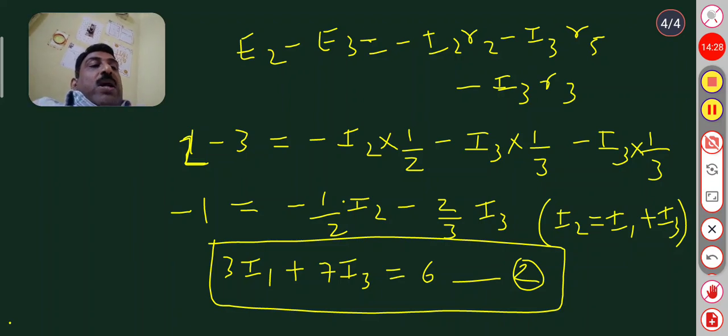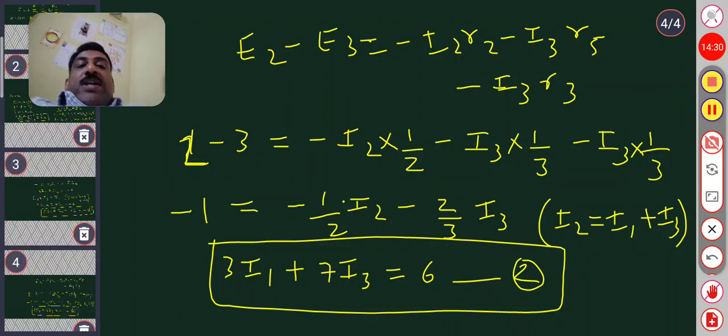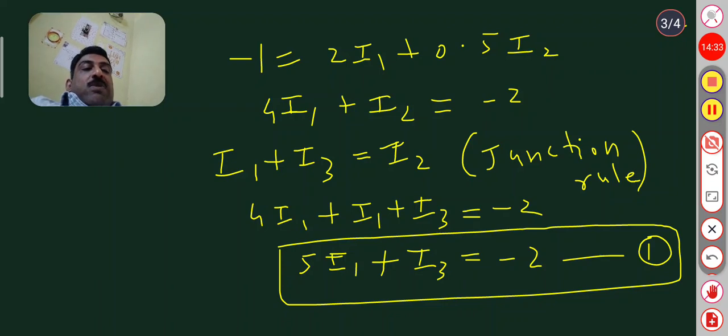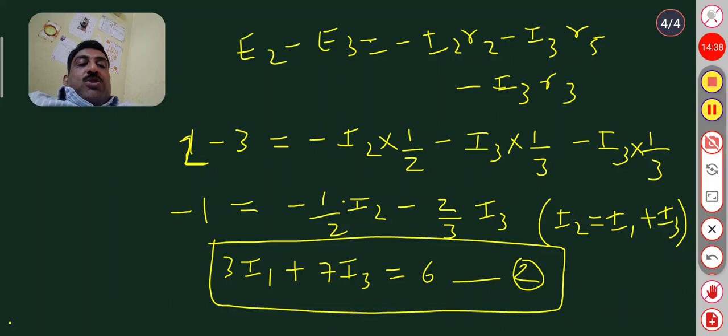So what is our equation number 1? Equation number 1 is 5I1 plus I3 is equal to minus 2. And equation number 2 is 3I1 plus 7I3 is equal to 6. So if I rewrite these two equations once again, the first equation is 5I1 plus I3 is equal to minus 2.